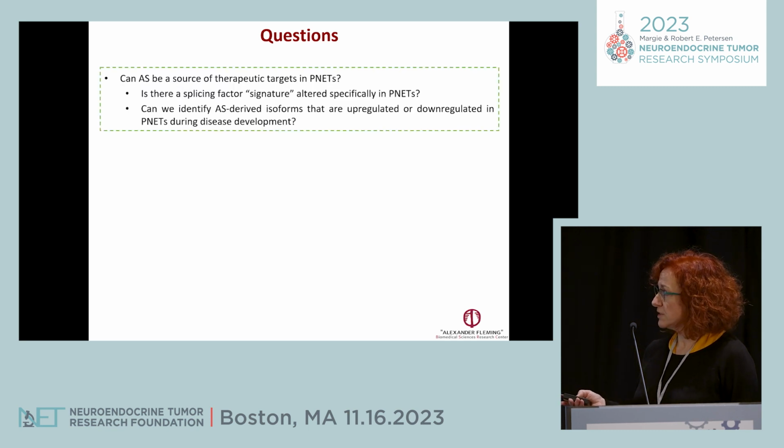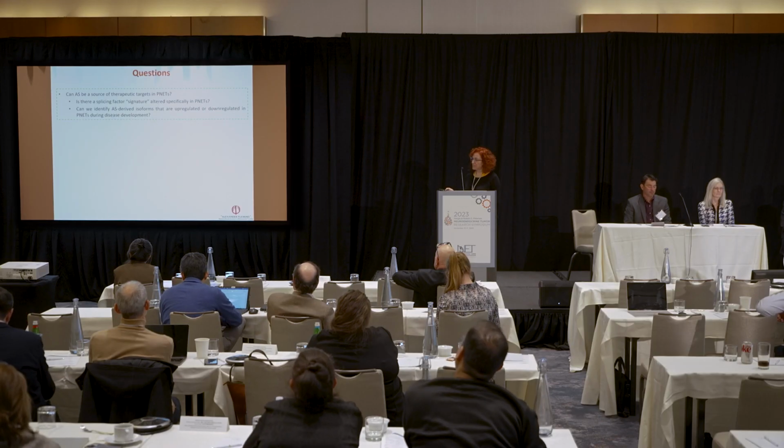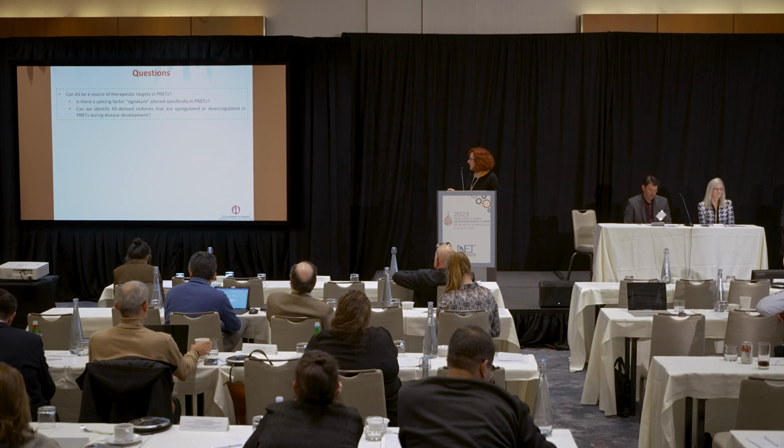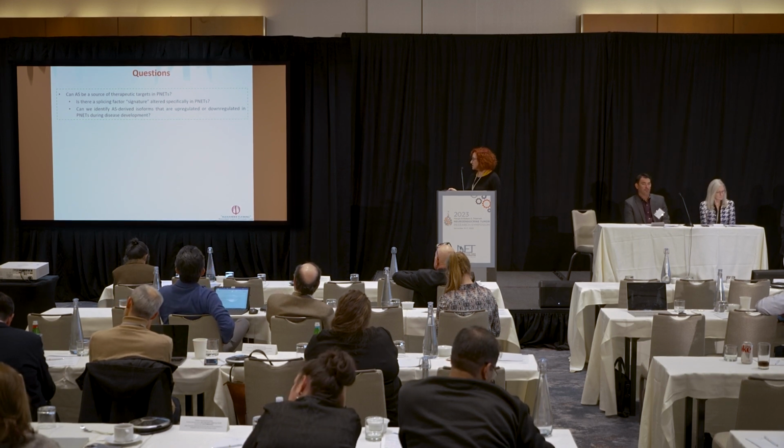We wanted to see whether alternative splicing can also be a source of therapeutic targets in PNETs, in this type of NETs, and whether we could identify a splicing factor signature that is altered in PNETs, and whether we could identify alternative splicing-derived isoforms that might be upregulated or downregulated in PNETs during disease development.